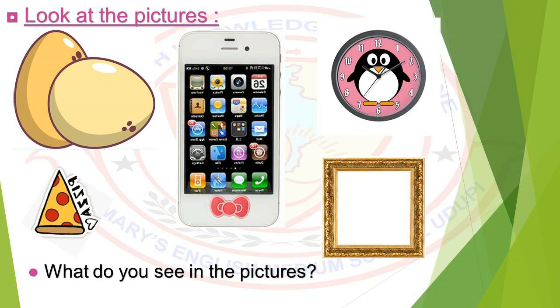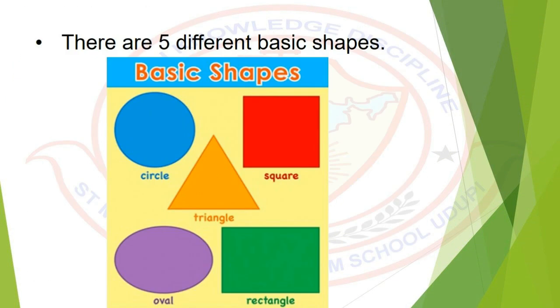Yes or no? Yes. Each picture is different in shape. So today we are going to learn about different basic shapes. Are you curious? 5 different basic shapes, namely circle, square, triangle, oval and rectangle.